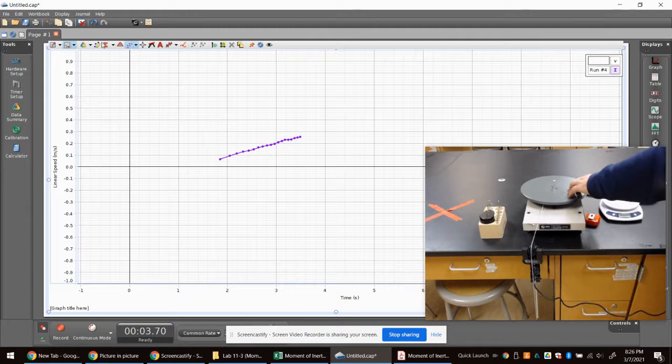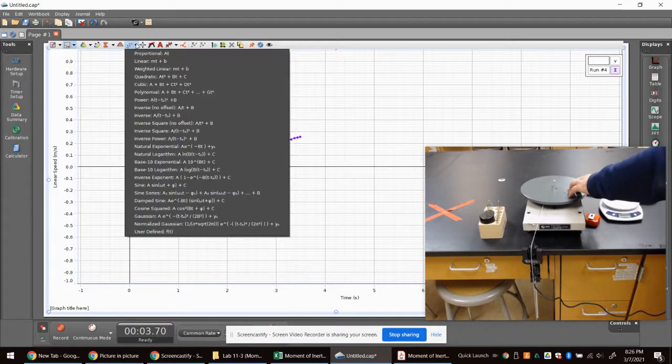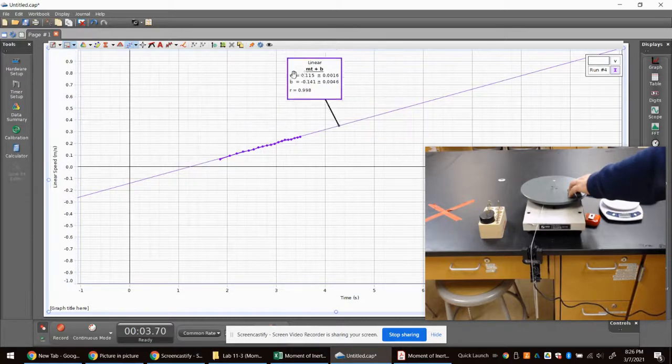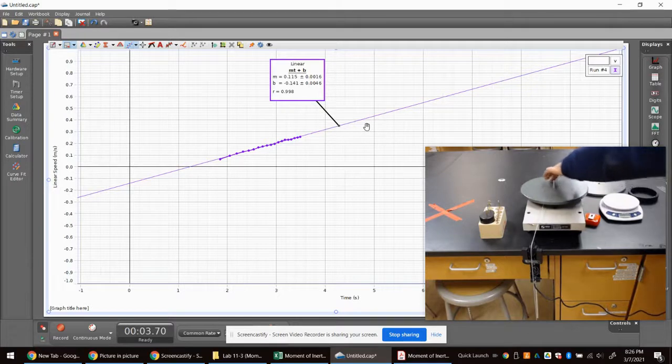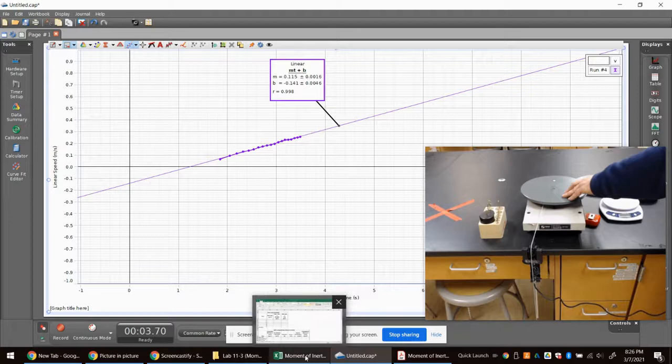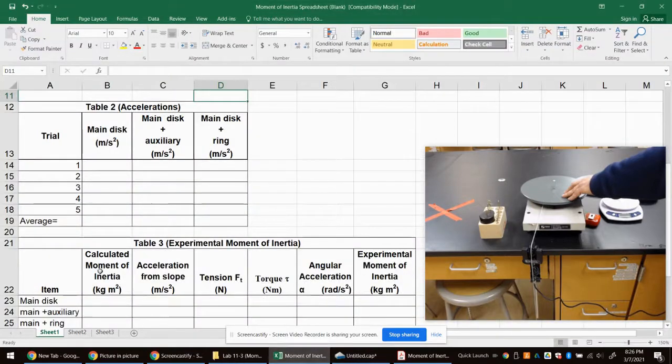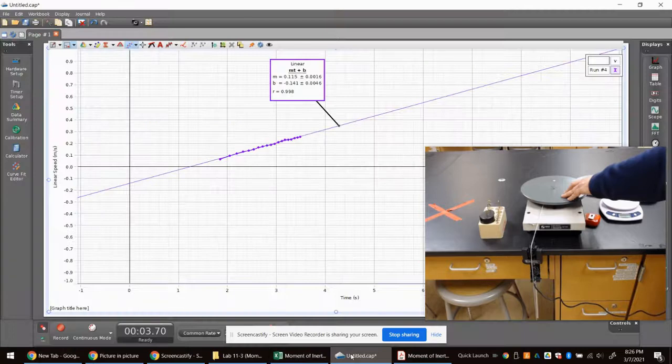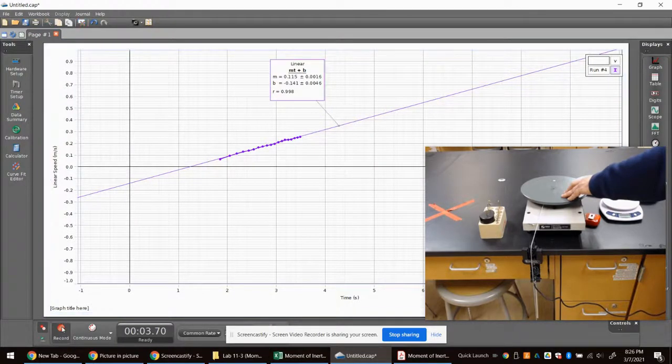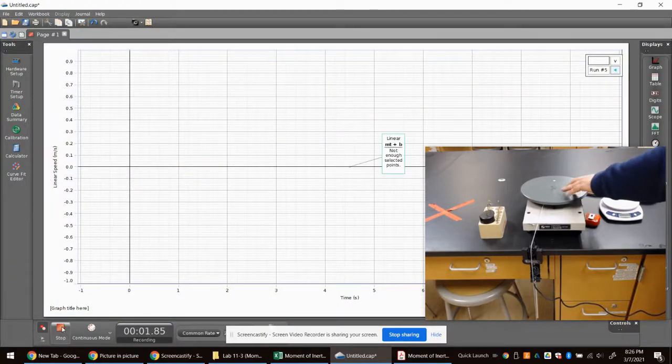So with this, we can now take and measure. And so I get an acceleration here of about 0.15. So we'll record that value. We'll do it again.